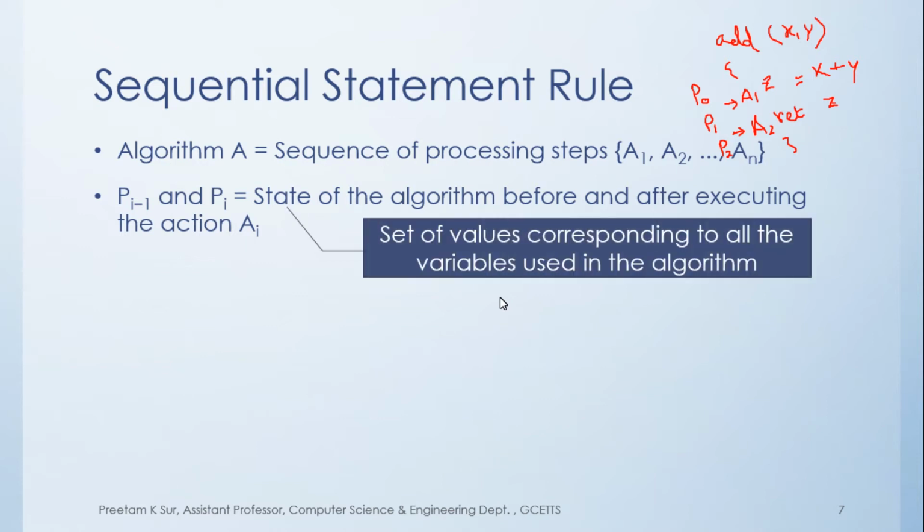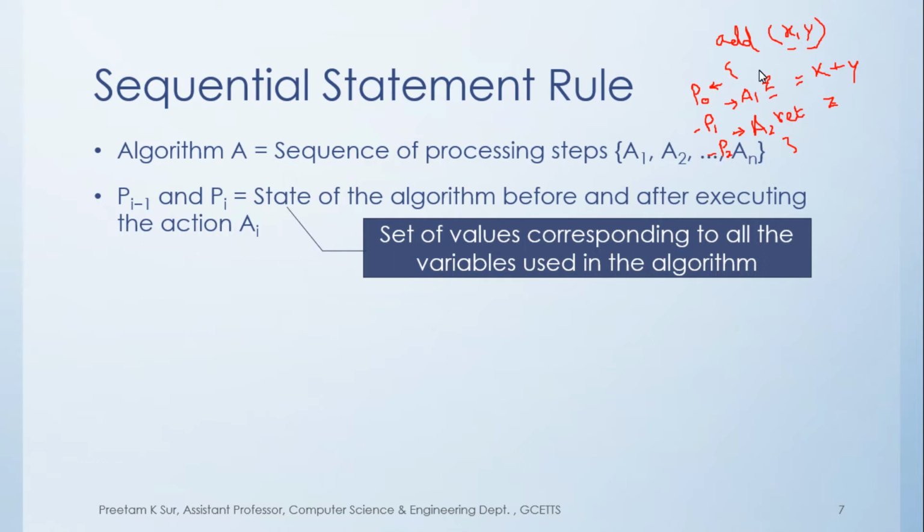Now, what do we mean by state? A state of an algorithm is nothing but the set of values corresponding to all the variables used in this algorithm. Okay, so in this algorithm we have only three variables used, right? We have x, we have y, and we have z. So the states p0, p1 and p2 will be denoted by the values of these variables x, y, and z.